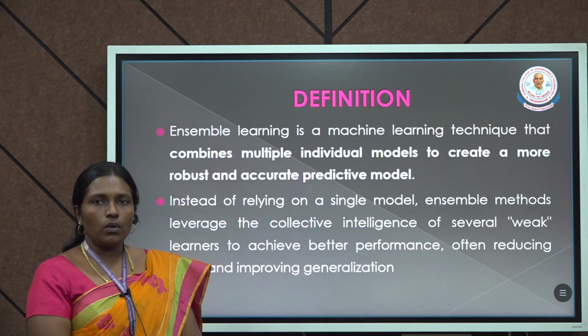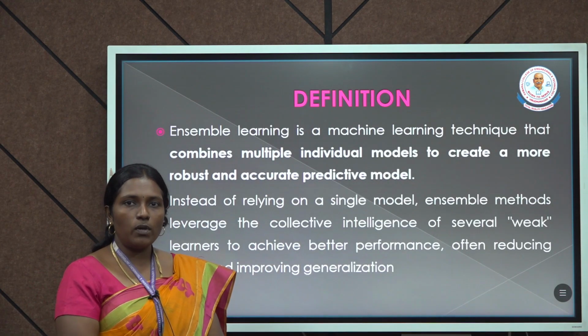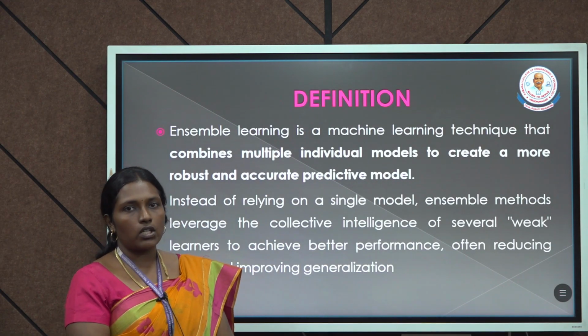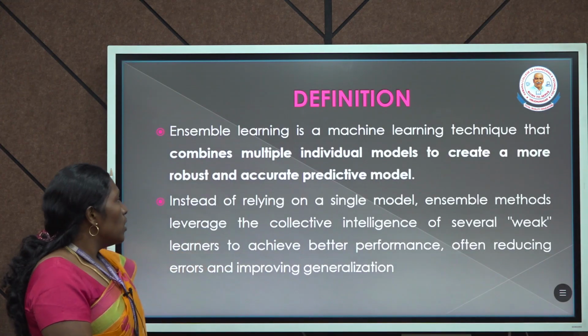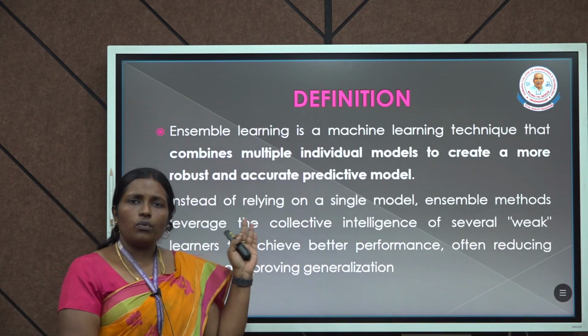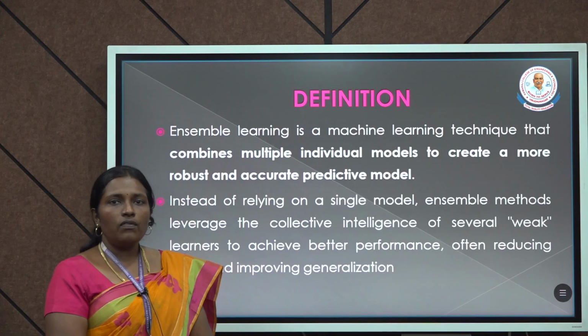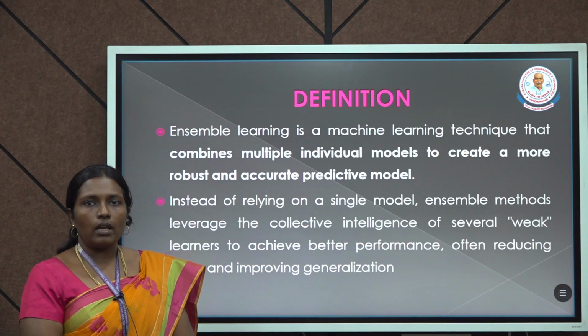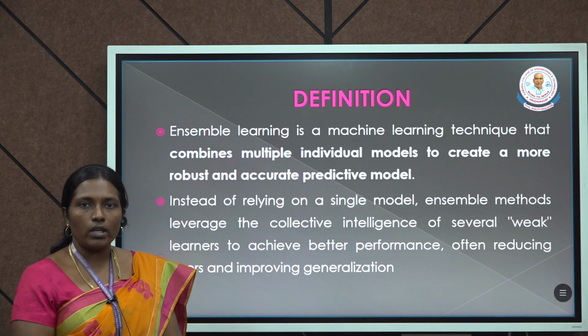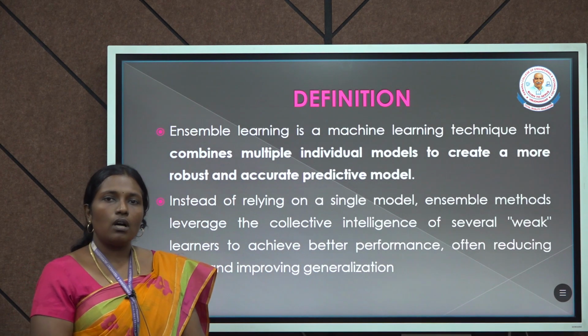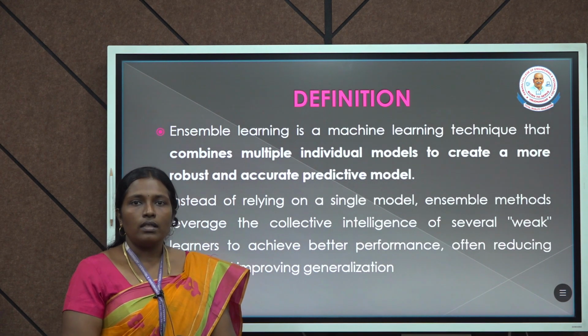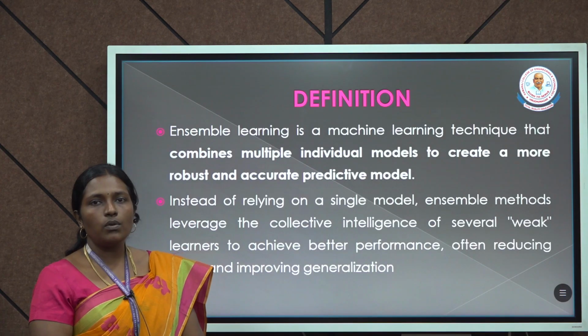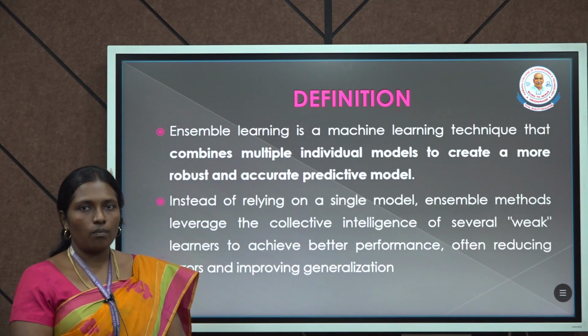It can be used for classification problems and also for regression problems. Instead of relying on a single model, if we rely on 2 to 3 models and combine them into a meta model, we can achieve an accurate result. That's why we use ensemble learning.